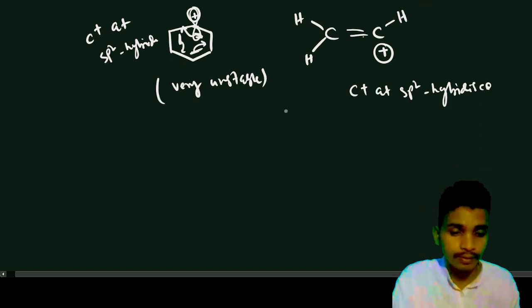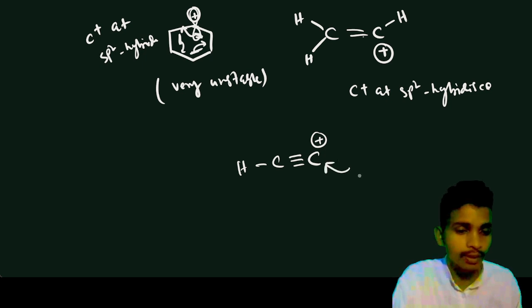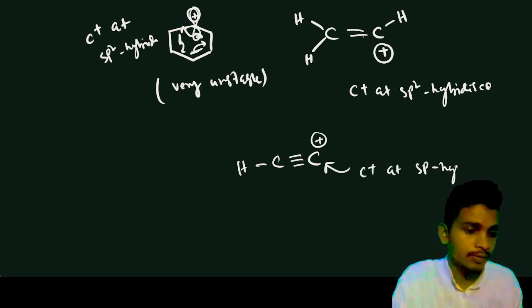Or in this type of bond, let's say here we have a positive charge. So this carbocation, being sp hybridized, is also very unstable.